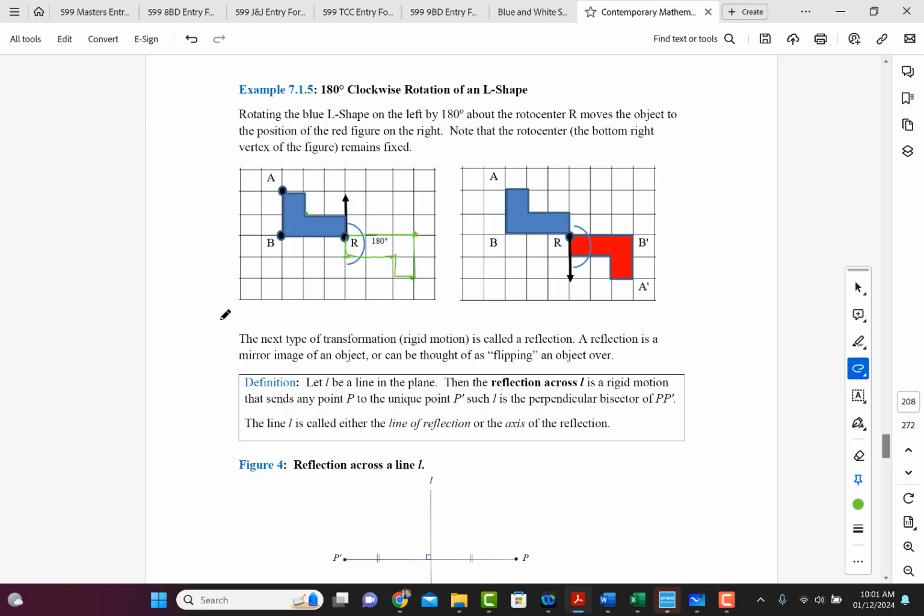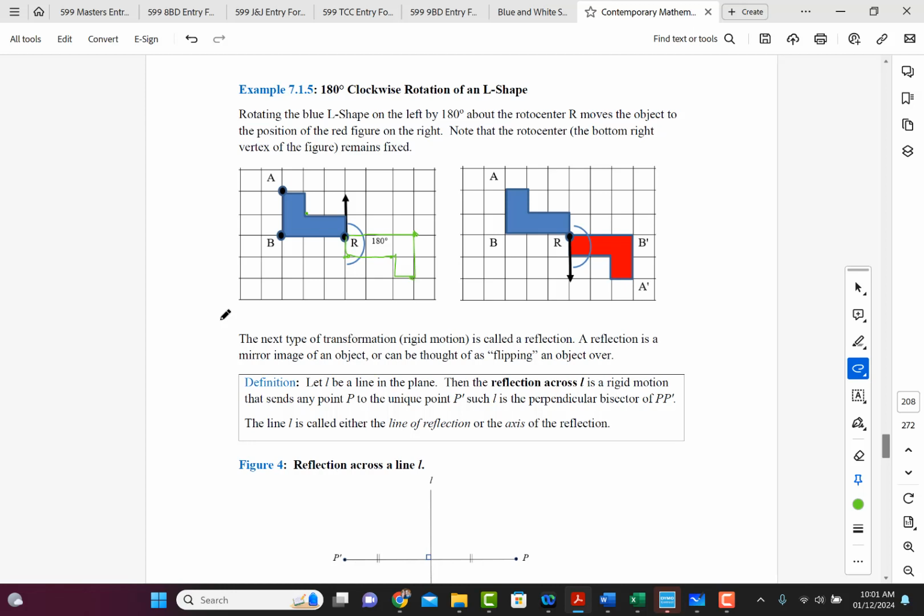The next type of transformation that we're going to talk about is called a reflection. A reflection is a mirror image of an object, or can be thought of as flipping an object over. So here's the definition. Let L be a line in the plane.